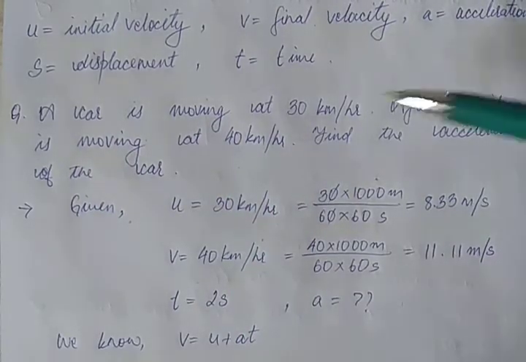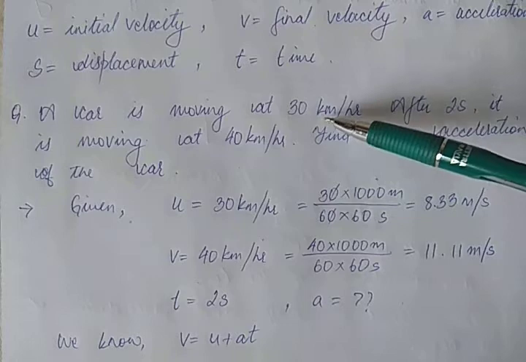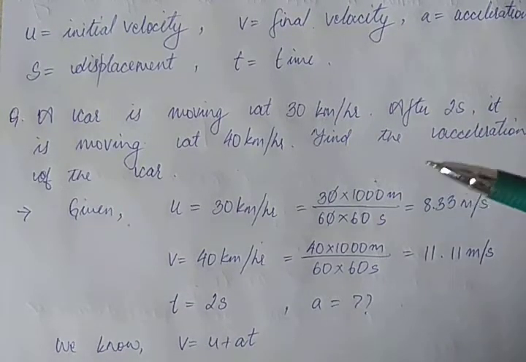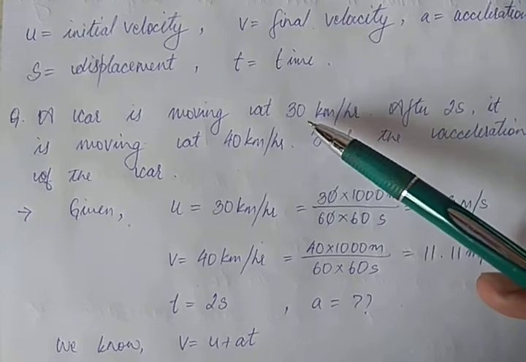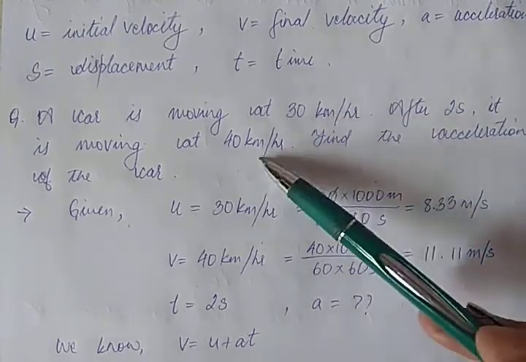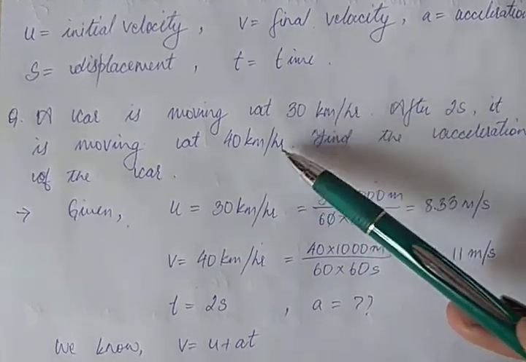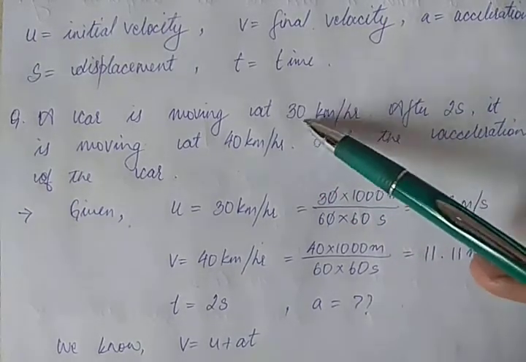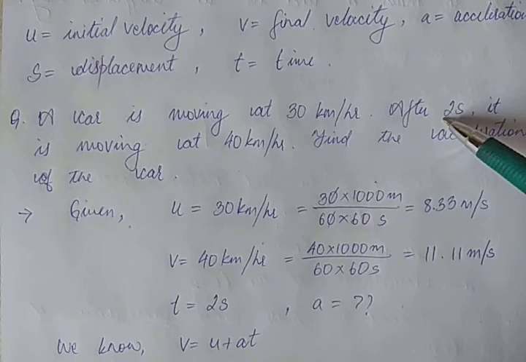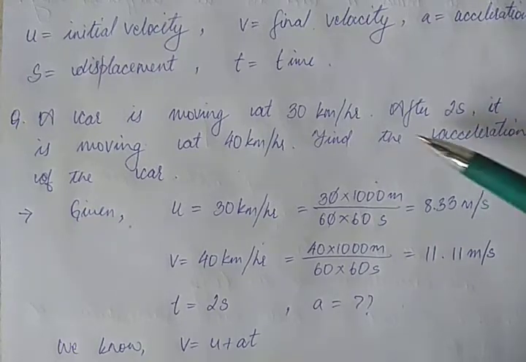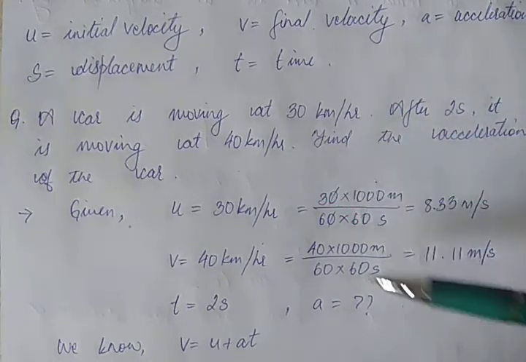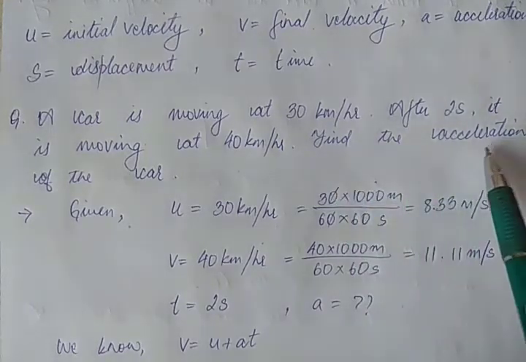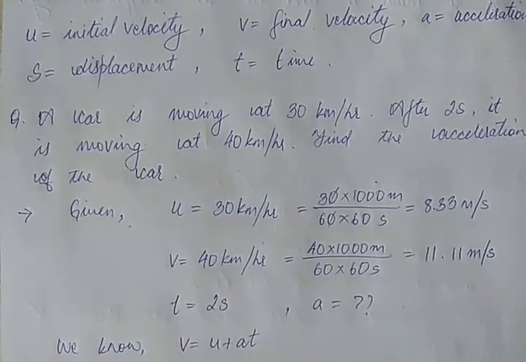So, you can see that there is a change in velocity of the body, from 30 kilometers per hour to 40 kilometers per hour, and this change in velocity is taking place in 2 seconds. So there is a change in velocity in this amount of time, which means there is acceleration of the body happening. The car is accelerating, and that is exactly what we are required to find.